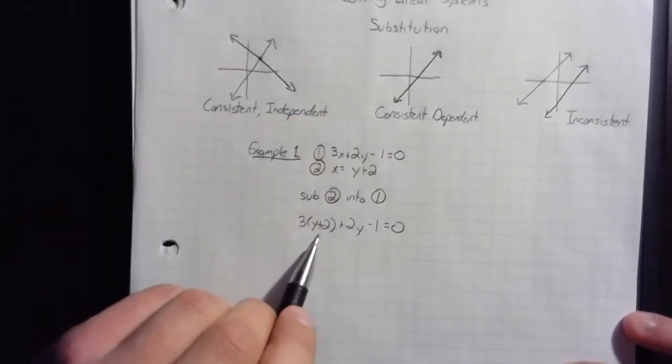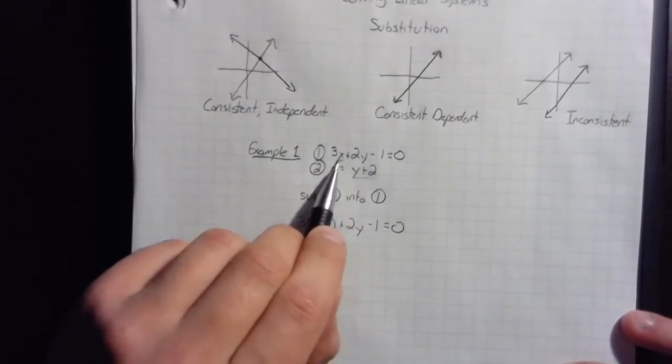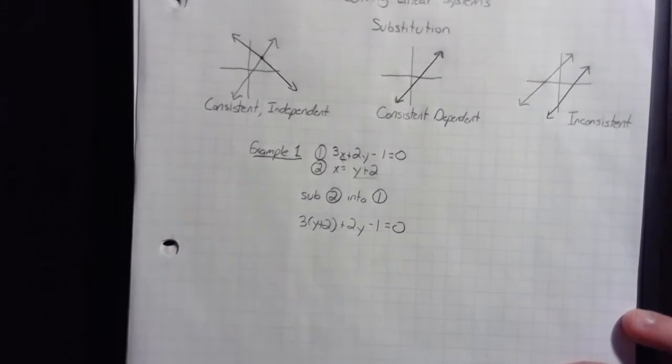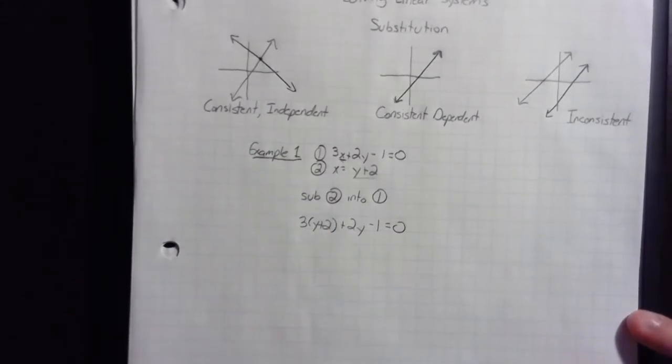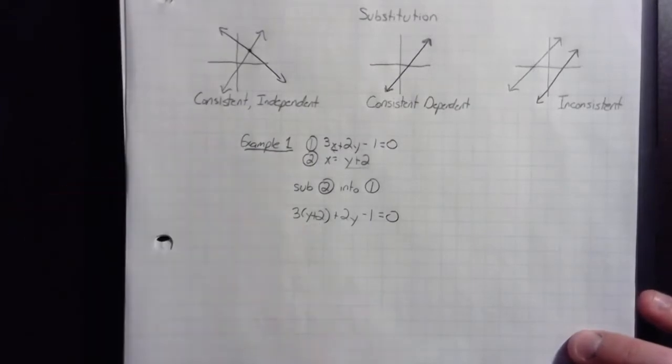Again, this y plus 2 came from subbing my second equation into my x value for my first equation. Now I can distribute my coefficient throughout the bracket.